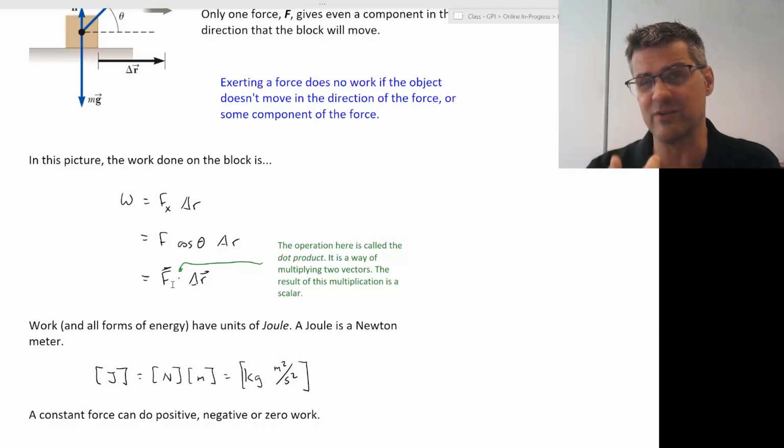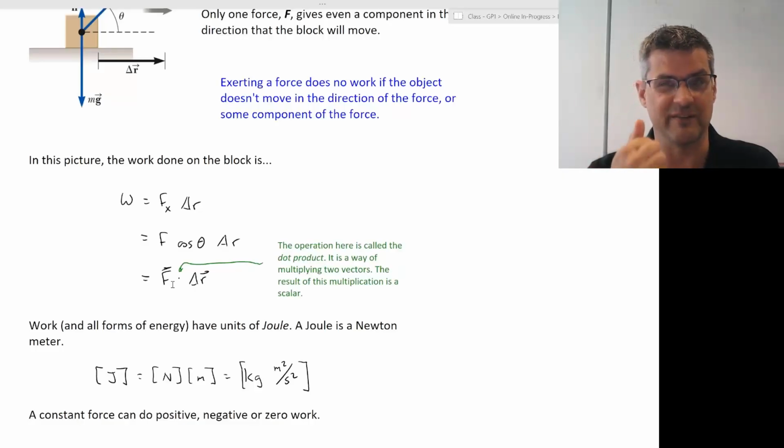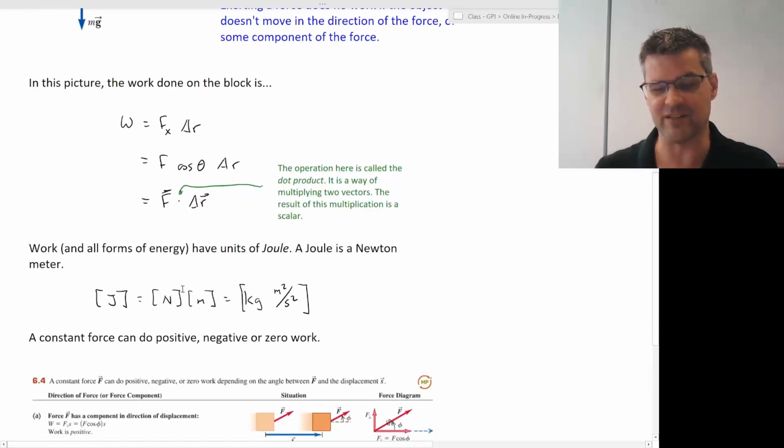And the reason we use the dot product is because this allows us to multiply two vectors but get a scalar out as a result. That's what we wanted, scalar energy. Now looking at this, it is going to have units of force times units of meters, which is a kilogram meter squared per second squared. This gets a special name in SI called the joule.